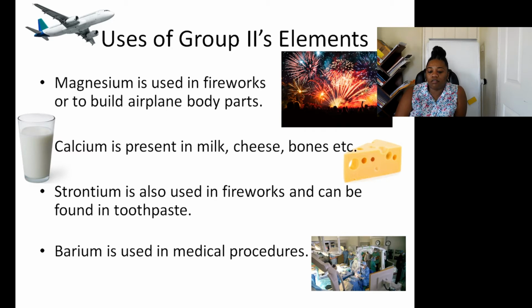You could look it up, but I know you have to swallow a barium salt so that your organs can be seen. Because in x-rays, your organs are not really seen, it's just the bones. So they need that metal to see your internal organs.